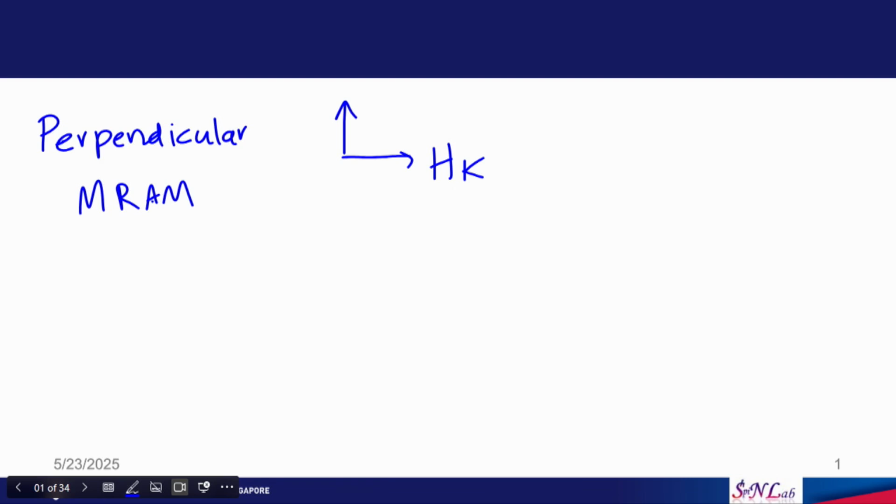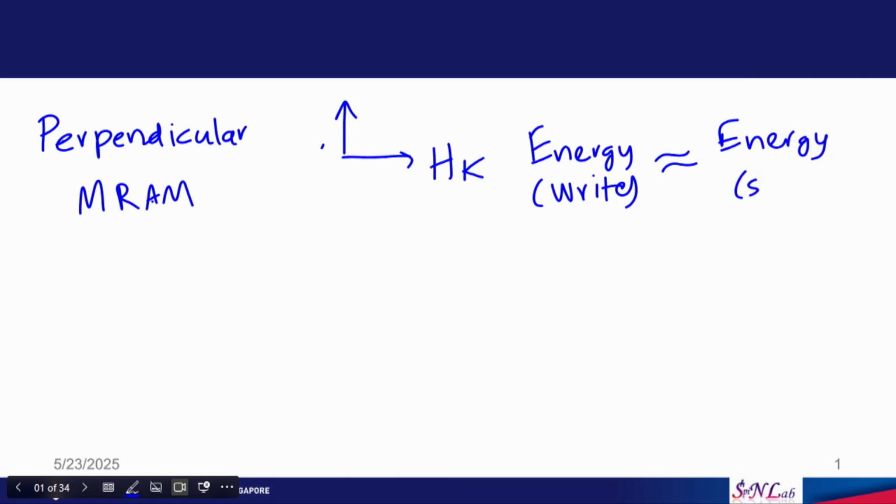So, this is the same field that is used for storing information also. So, that means, if you bring the magnetization from pointing up to pointing down, even if the precession happens, the energy spent to write is not more than the energy to store. So, the energy for writing is same as the energy for storing. No extra energy is spent like in the in-plane MRAM.